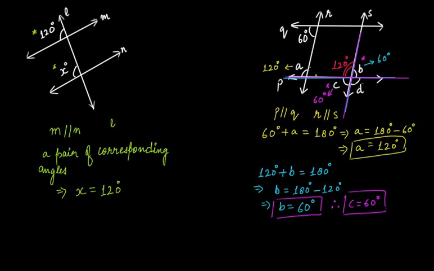So angle C plus angle D will be equal to 180 degree. C is equal to 60 degree. So C plus D is equal to 180 degree. We know that D will be equal to 180 degree minus C. What is the value of C? C is 60 degree. Therefore, D will be equal to 120 degree.